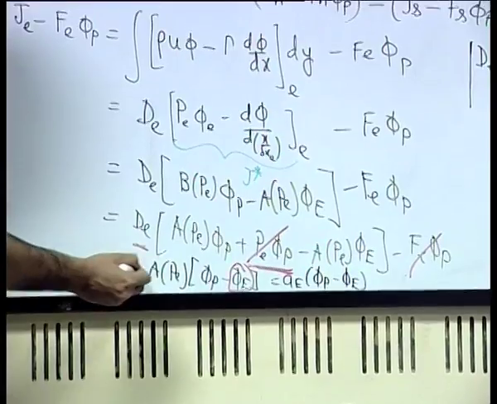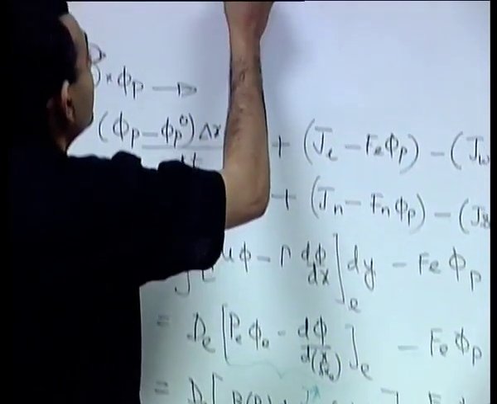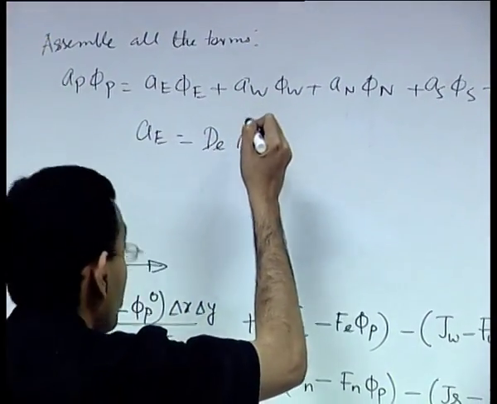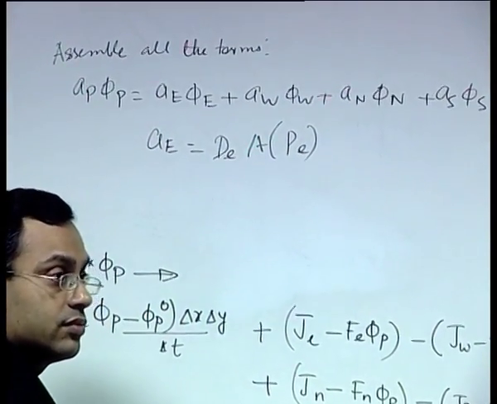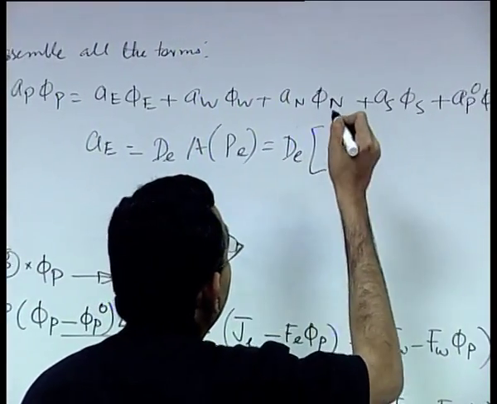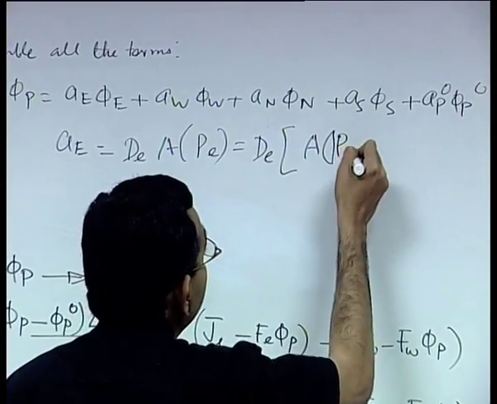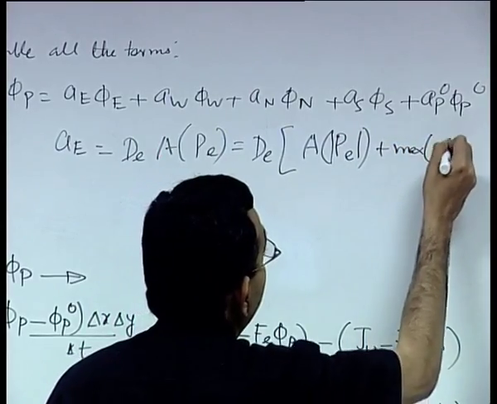What was that? D into A of P. So this is DE, A of P is A of mod P plus max of minus PE, 0.